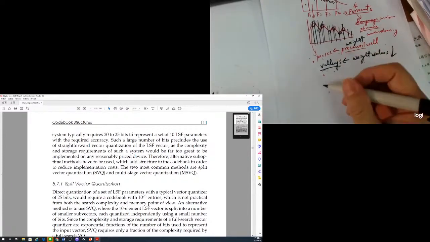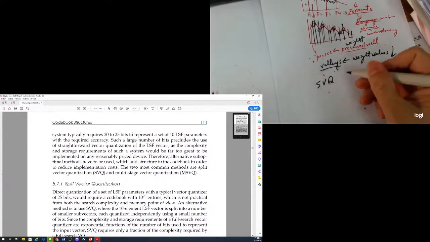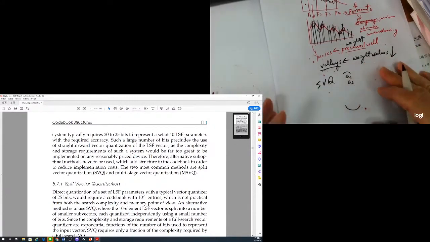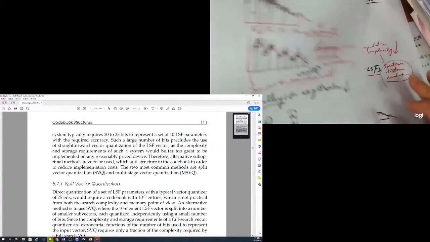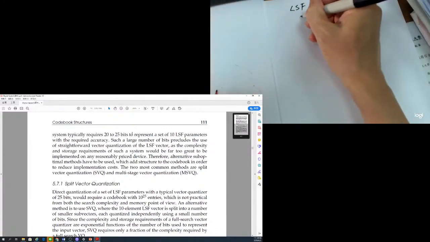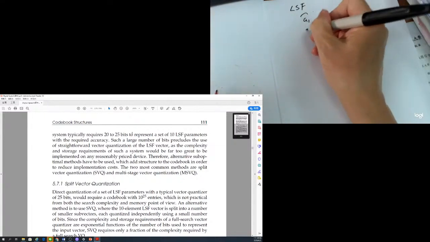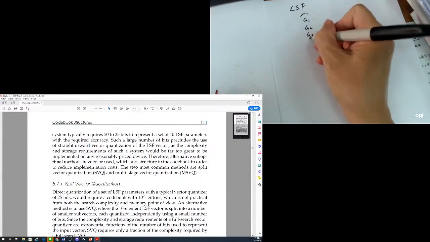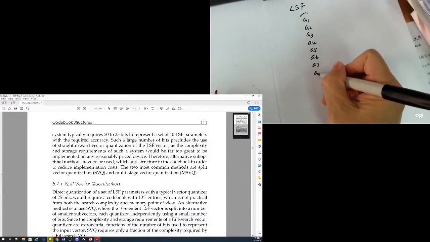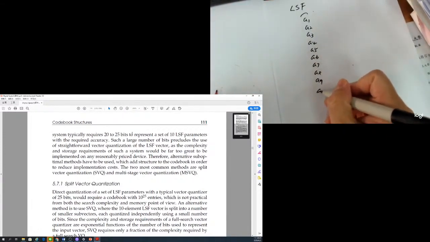For split vector quantization, we have line spectrum frequencies A1, A2, A3, A4, 5, 6, A7, A9, A10.